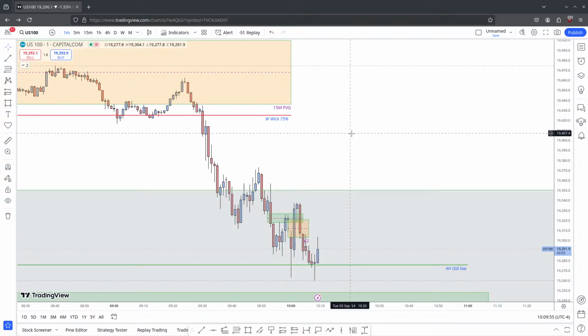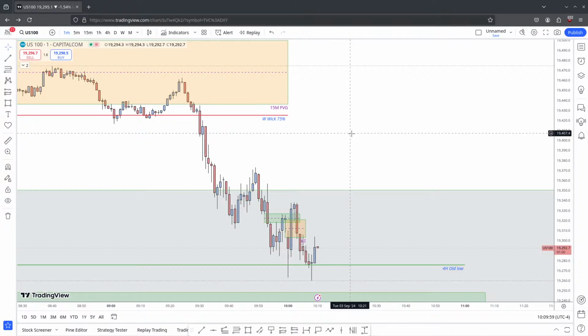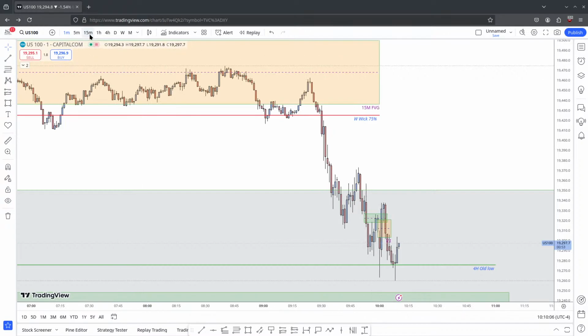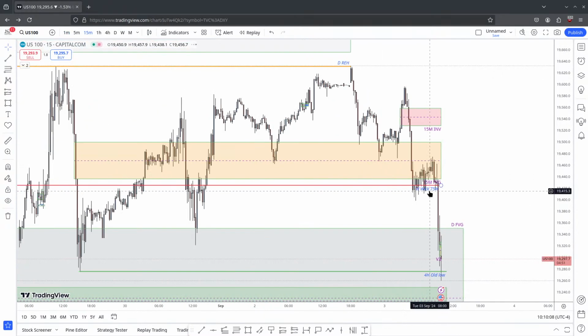On a day like this, after a bank holiday, expect price to not be the cleanest. Expect price to take out the liquidity, or clear both sides of the marketplace.